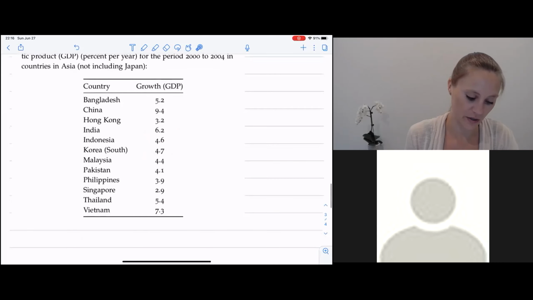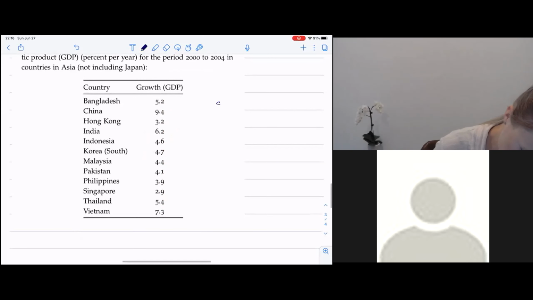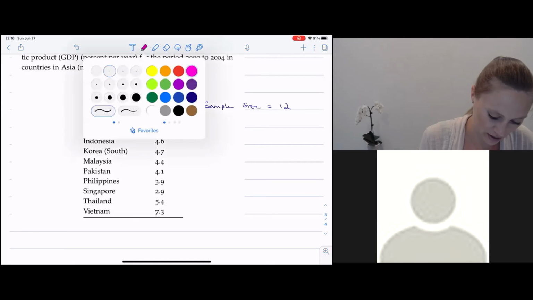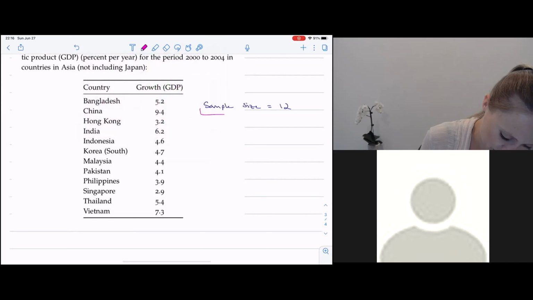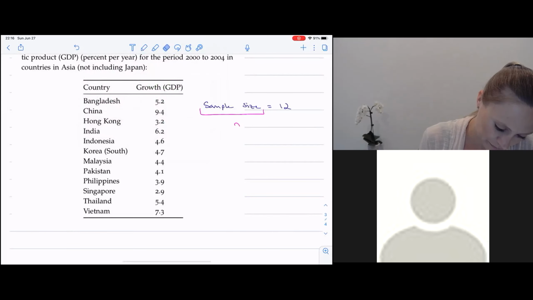The first thing I want to do is count how many data points I have. I have 1, 2, 3, 4, 5, 6, 7, 8, 9, 10, 11, 12. That is great. Making my sample size 12.